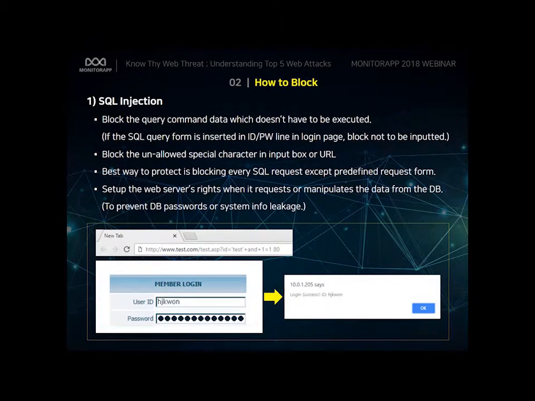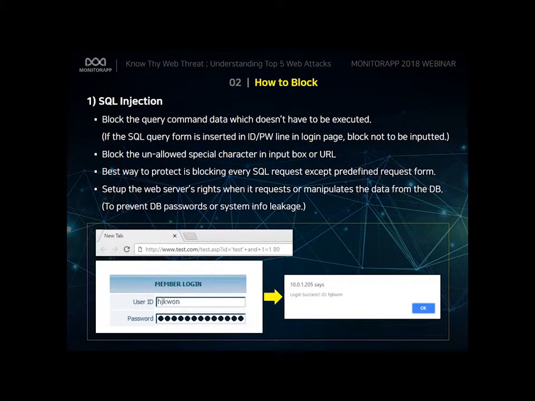Let's start with SQL injection protection. The first step to prevent SQL injection is to block the SQL query command execution. As mentioned earlier, SQL injection is performed because the web server and database server can understand the contents. Therefore, you can defend against most forms of SQL injection by preventing the command from executing.